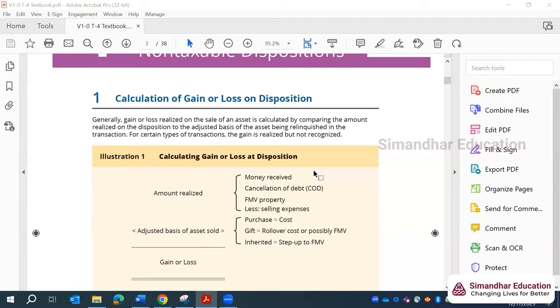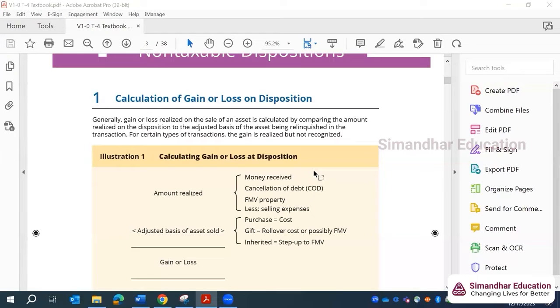So beginning the second year, what will be my adjusted basis of the car? I bought the car for $100,000 and I've taken a depreciation of, let's say, $10,000. At the end of year one or at the beginning of year two, my adjusted basis in the car is going to be $90,000.